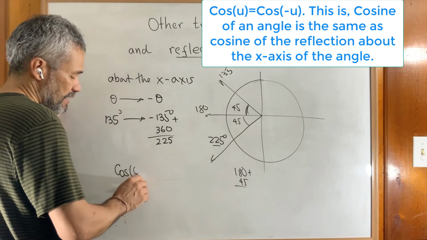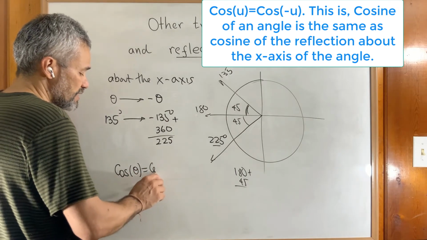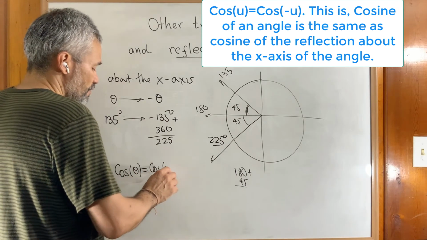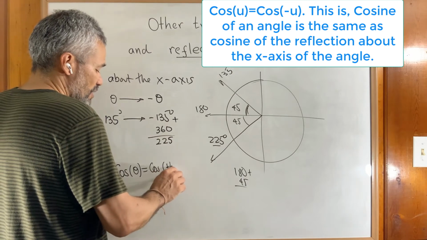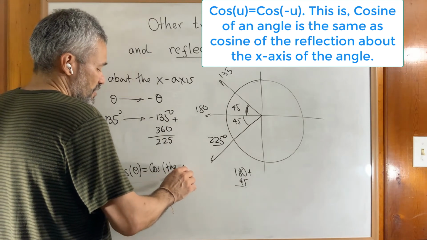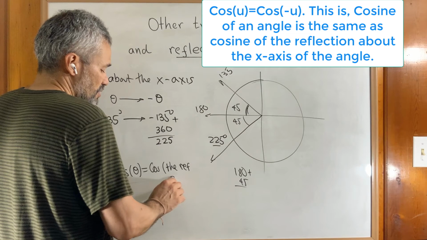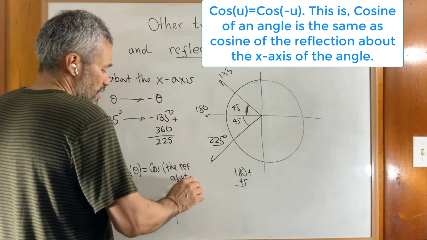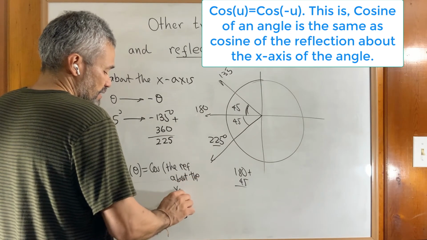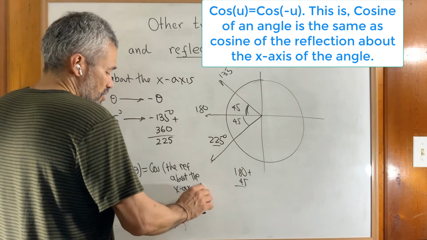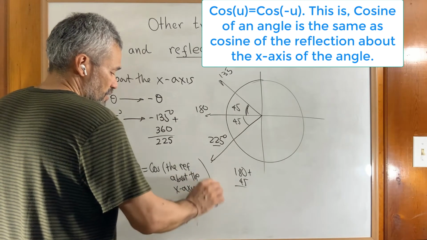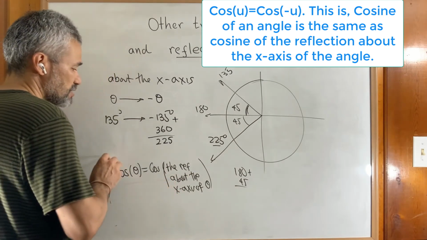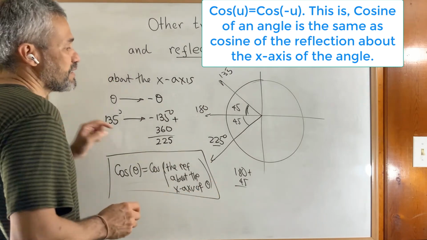Okay, and the important property about the reflection about the x-axis of an angle is that cosine of any angle is the same as cosine of the reflection about the x-axis of that angle. Cosine doesn't change.